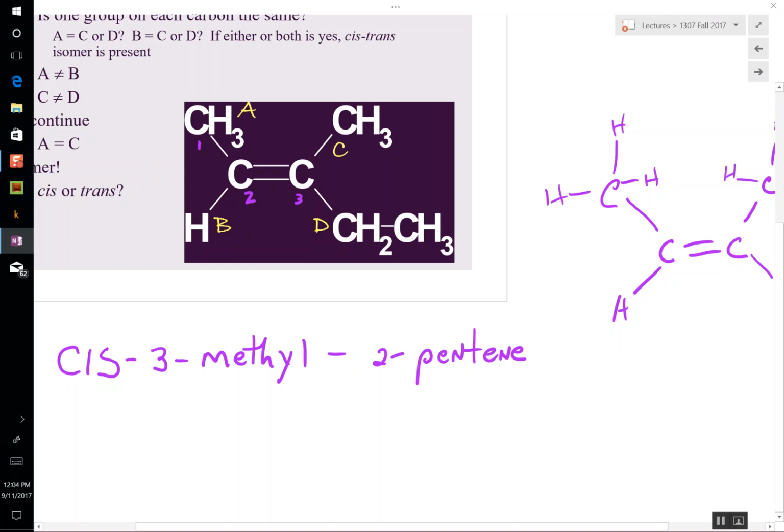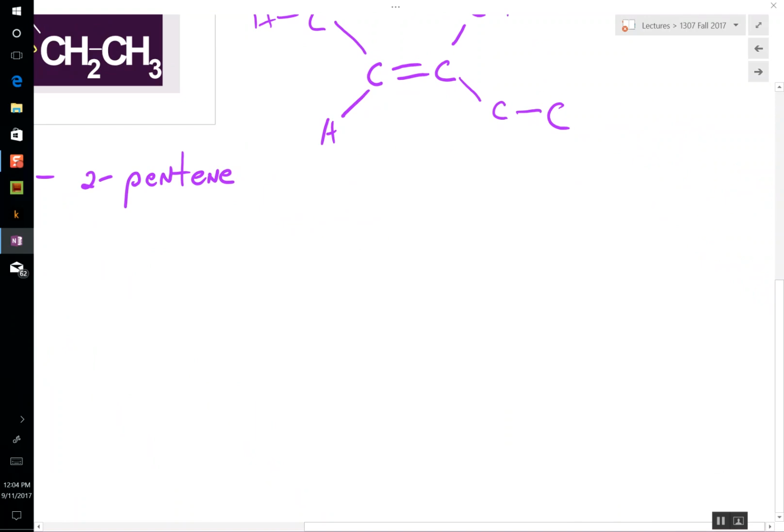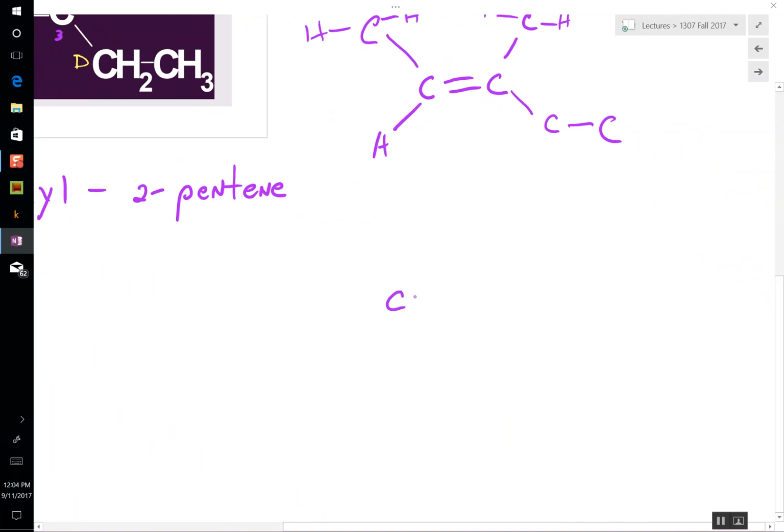Let me give you another example. We'll get some more examples here in a second. But let's do this molecule. There's pentene. Okay, now let's apply our same questions.